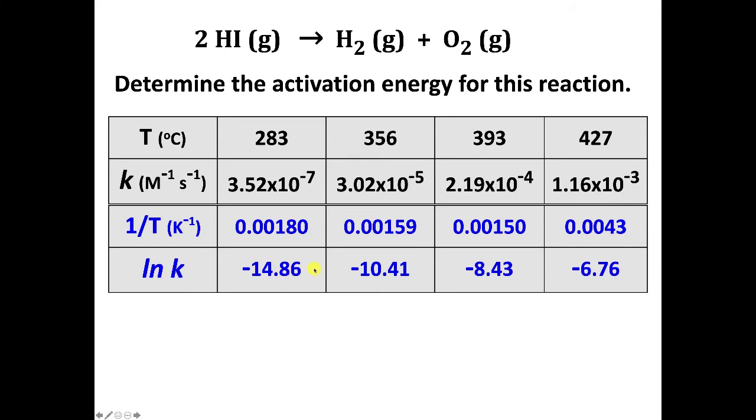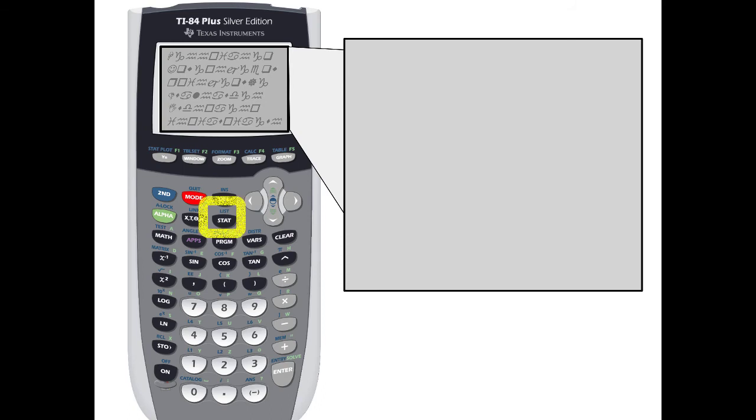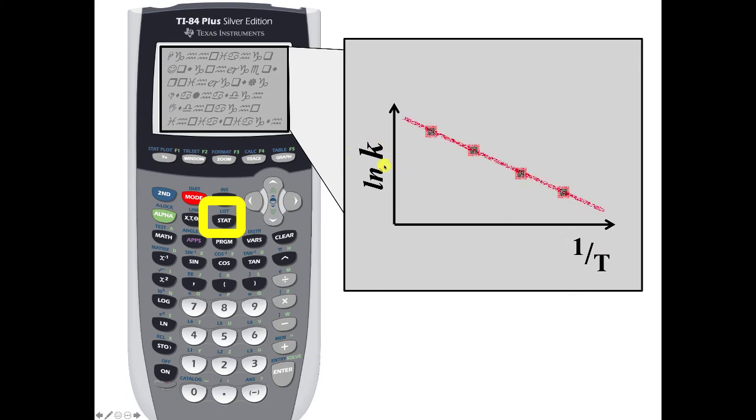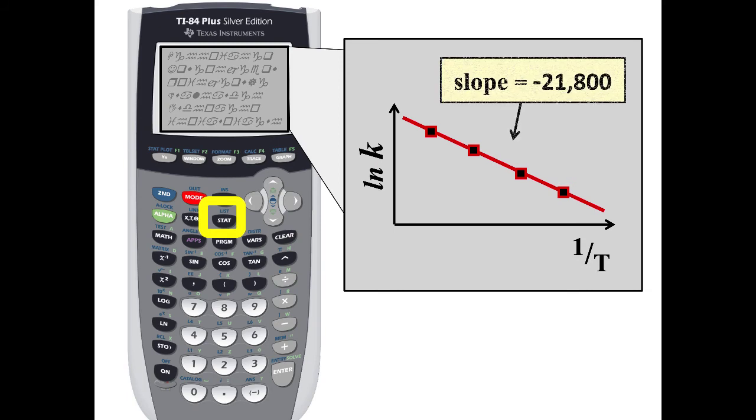The natural log of the rate constants very often are negative numbers, and so again, be careful with those having enough significant figures. And then use your calculator in the appropriate way to graph 1 over T, which is your x, versus ln of k, which is your y. You should get a straight line, which has a negative slope, and I got a slope of negative 21,800.